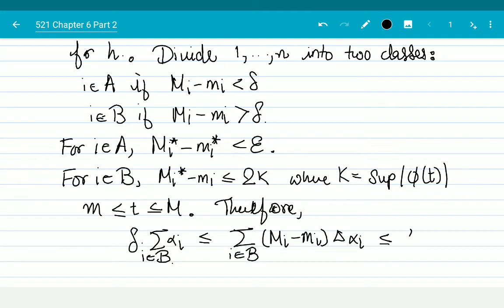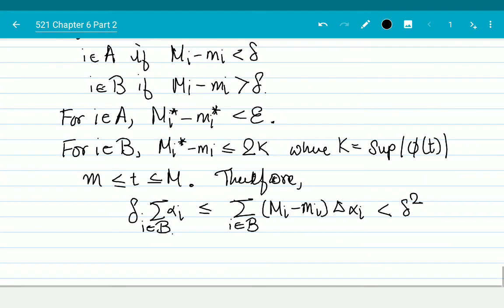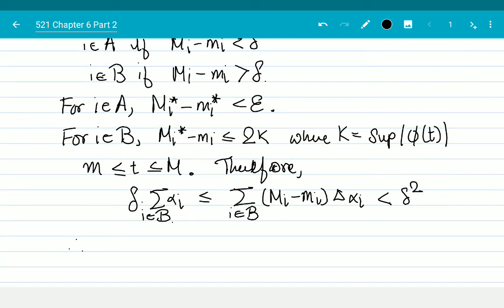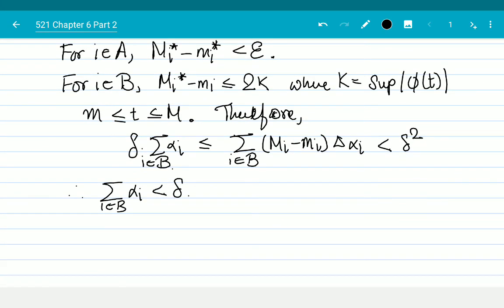However, this is still smaller than delta squared, because the way I constructed my partition was smaller than delta squared. And therefore, I have that summation over i belongs to B of delta alpha i is smaller than delta.